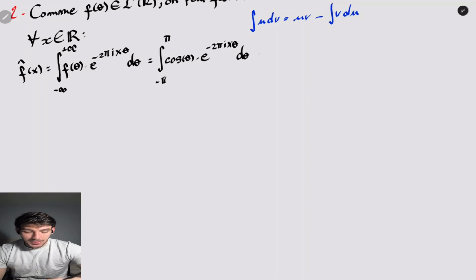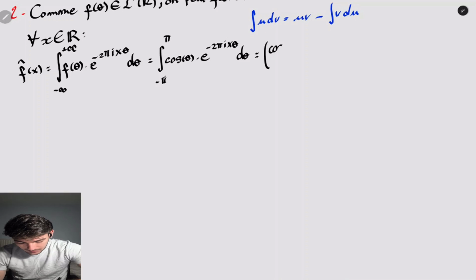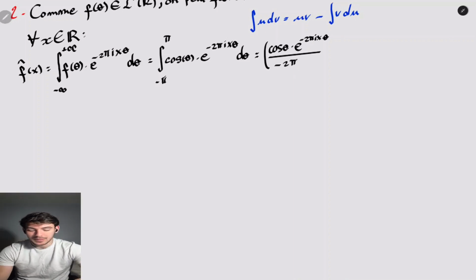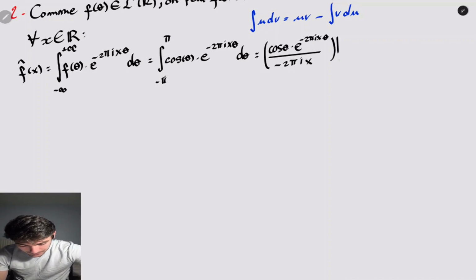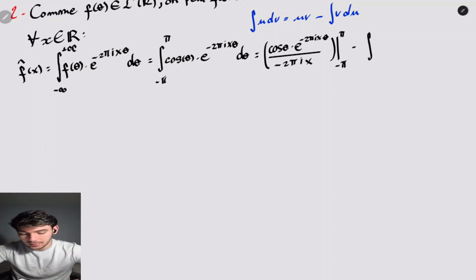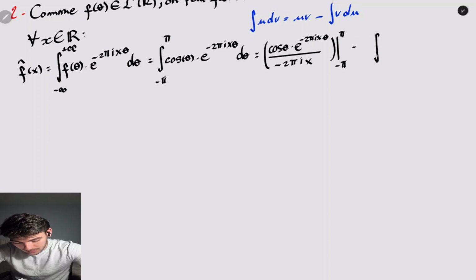So here we have uv, cosine of theta times the integration of this exponential, which is basically the same exponential divided by the coefficient of theta. Here we are considering x as a constant. So that's it, from minus pi to pi, minus the integral. Here we have v, so let's write down that v is the exponential.